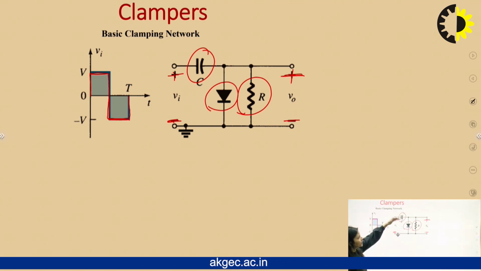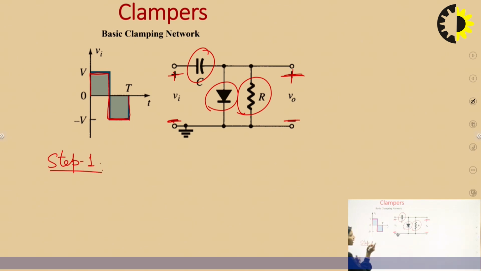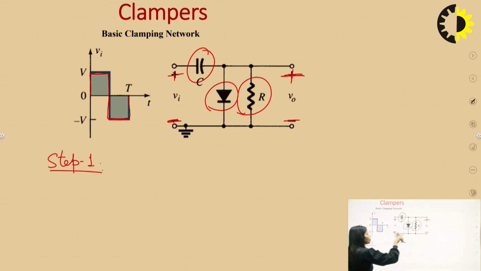Just forget about the capacitor. Forget about the resistance. Just see in this step 1. I told you, you have to go to that part of the input waveform where the diode is forward biased.